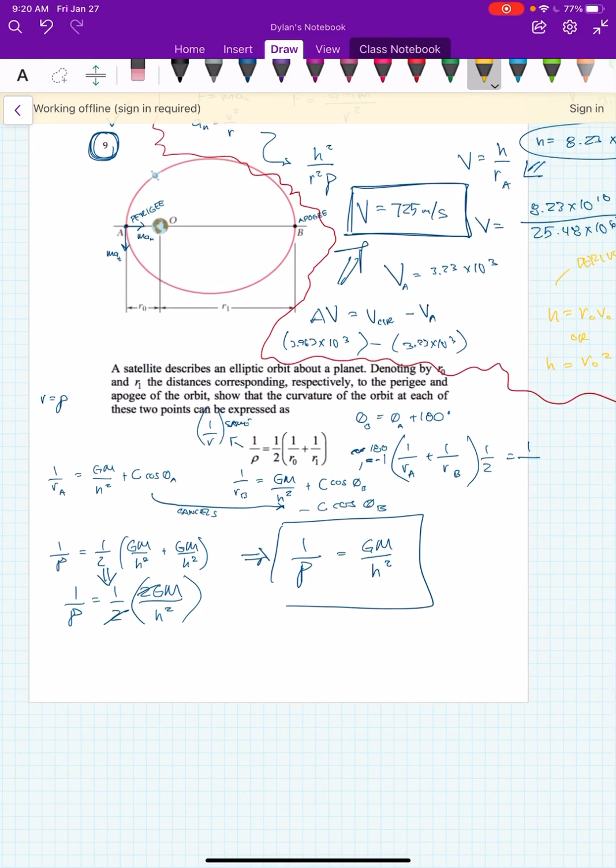And then I am able to plug those back into the equation that it gives.